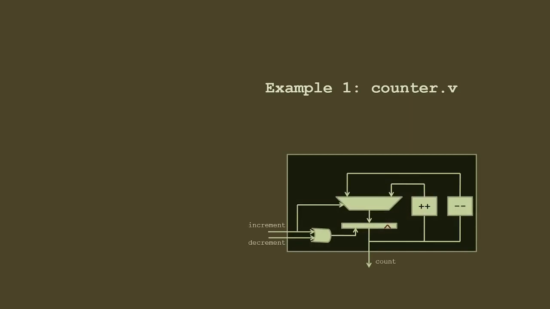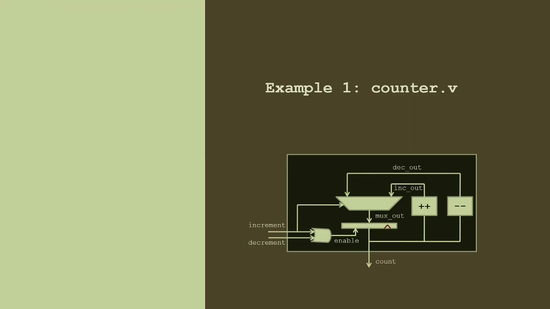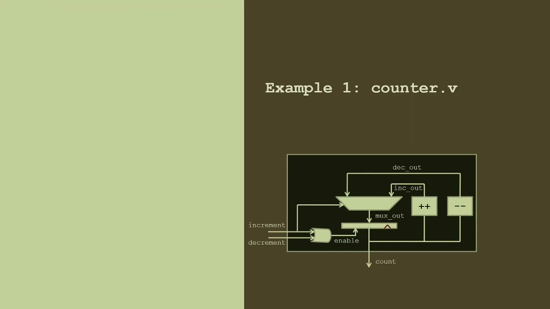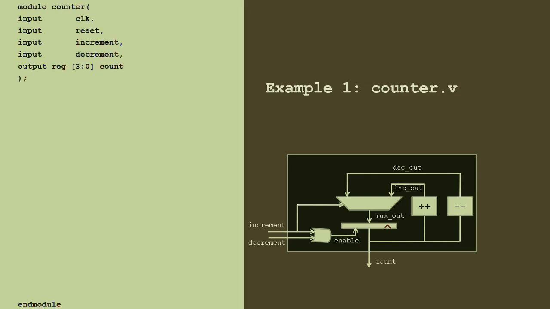Here is the incrementer decrementer counter that we made for the FIFO. If I want to make a module of this, what should I do? First of all, I need to label all the wires that are in the design. Then I need to create a file counter.v, and in that file I can write inputs and outputs. Most of the time clock and reset are implicit.